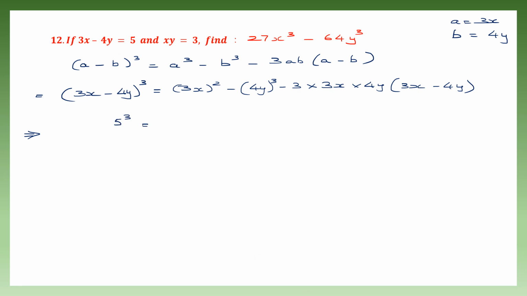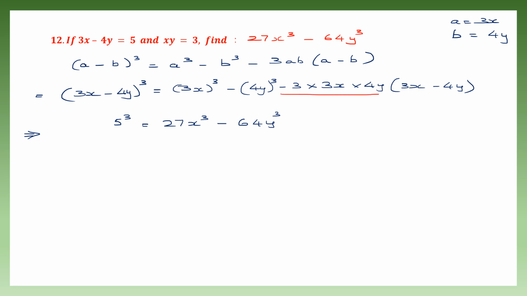This is equal to, now let's simplify, (3x) the whole cube means 3 into 3 into 3. 3 3s are 9, 9 3s are 27, and x cube, minus (4y) whole cube means 4 into 4 into 4, which is 64y cube. Now we're going to look at this part.